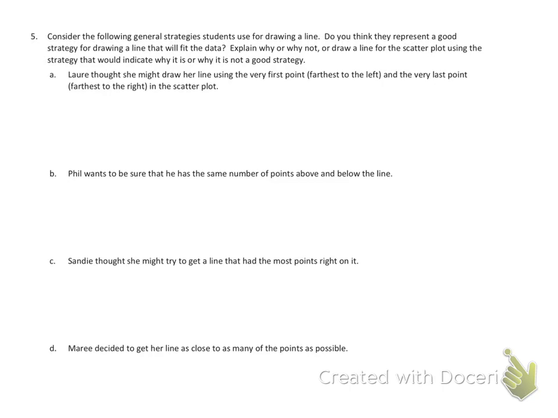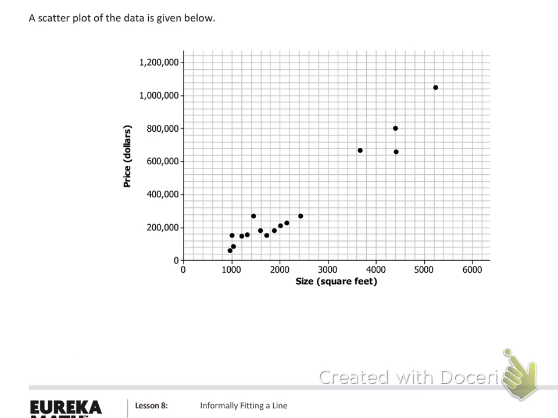But it could be something to keep in mind in general. Sandy thought she might try to get a line that had the most points right on it. Okay, so she wants hers to go right through several points. So here would be an example of what she would want to do.